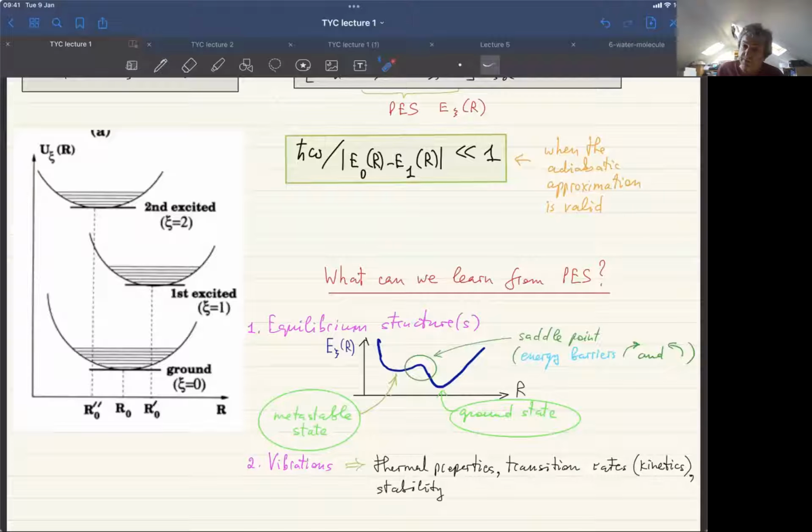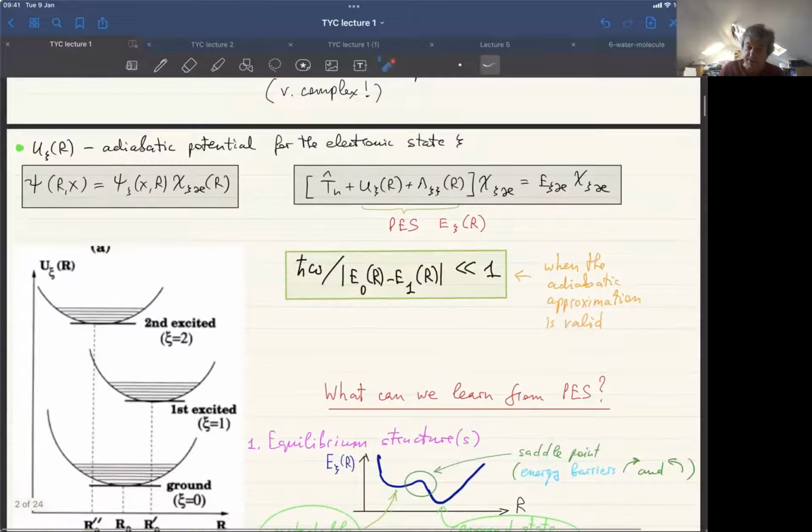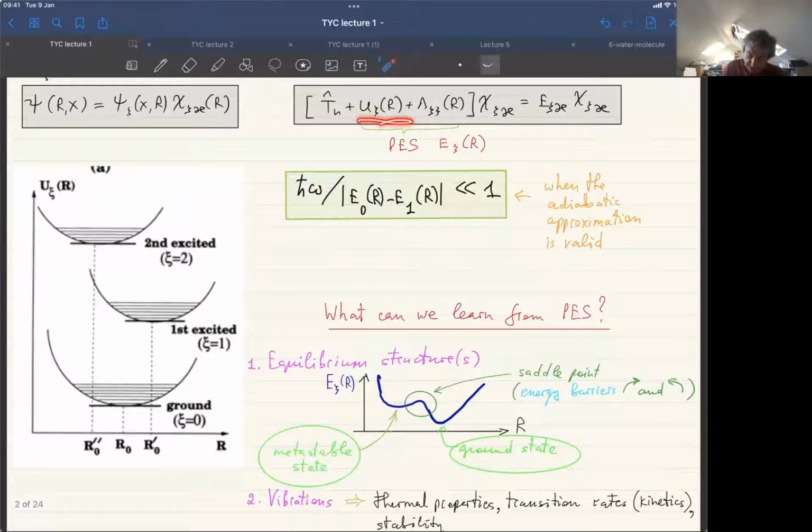But what else does it give us? It gives us atomic vibrations, because when this term is here, this would be a Schrödinger equation for the nuclear wave function. And therefore, by studying the curvature of this potential energy surface around different equilibrium positions of the nuclei, around here or around here, we get a way to determine this nuclear wave function and therefore study vibrations.